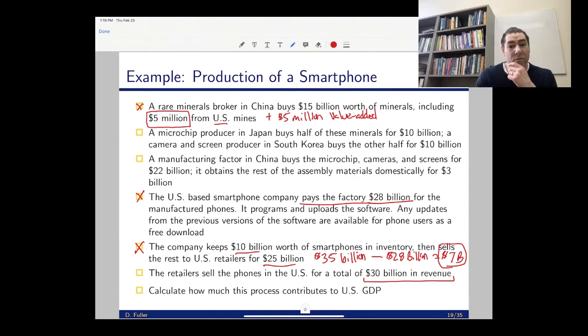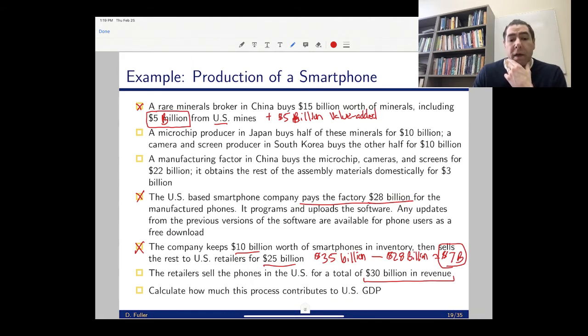Okay, so we've got $5 million from the, sorry, it should be billion up here. I'm going to call this billion, typo. $5 billion from U.S. mines, plus $7 billion from the smartphone company. And then we have retailers selling these phones in the US for a total of $30 billion in revenue.